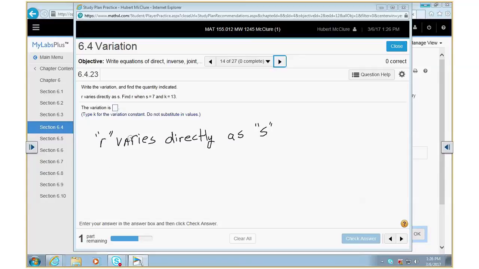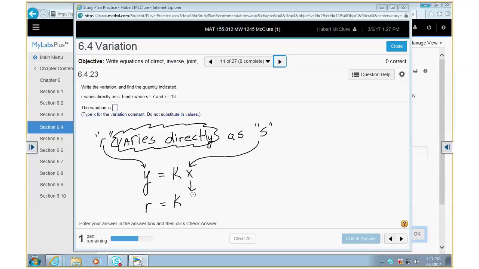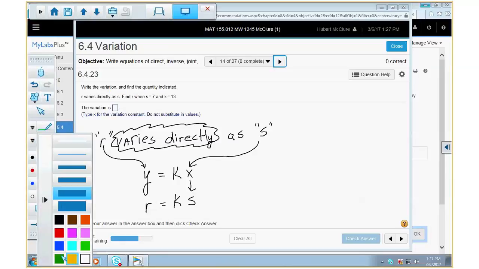This right here tells you which formula to use. Y is equal to K times X. And then this tells you to take the R, the Y, and replace it with what? R. And what do we replace with the X? S. Which variable never, ever changes?